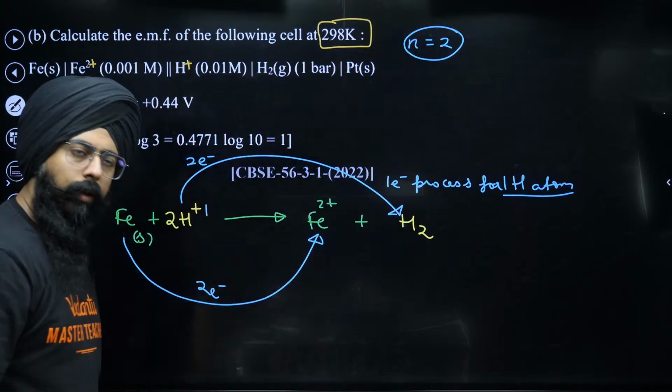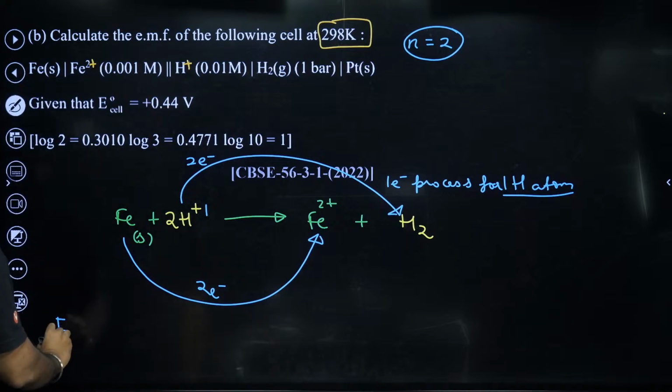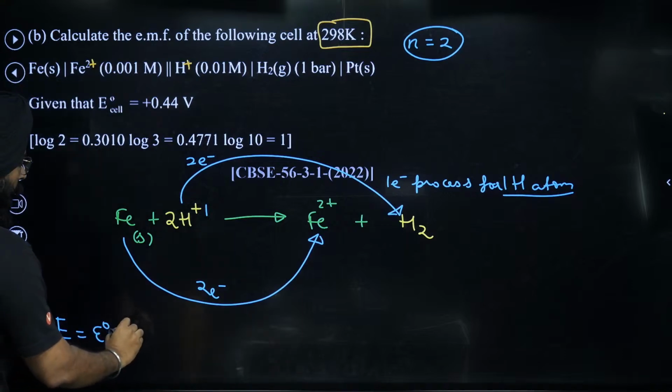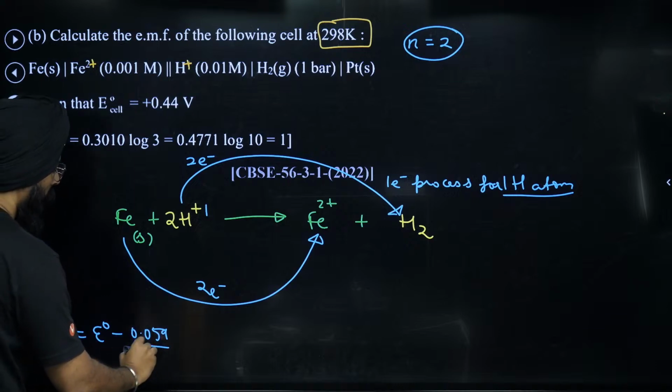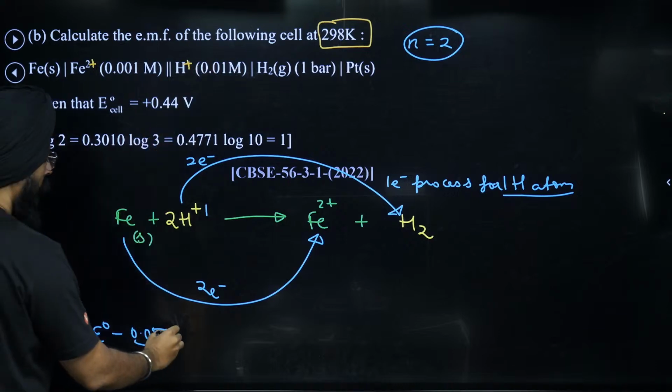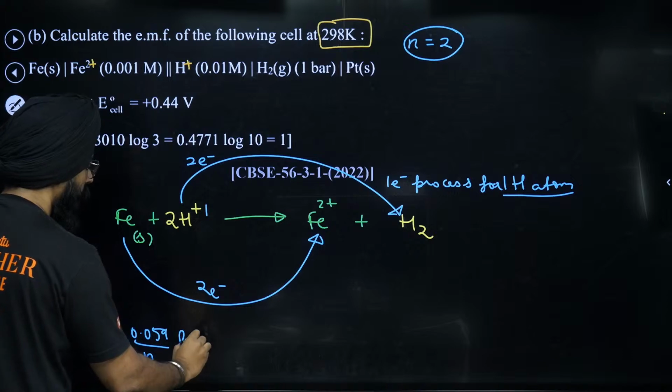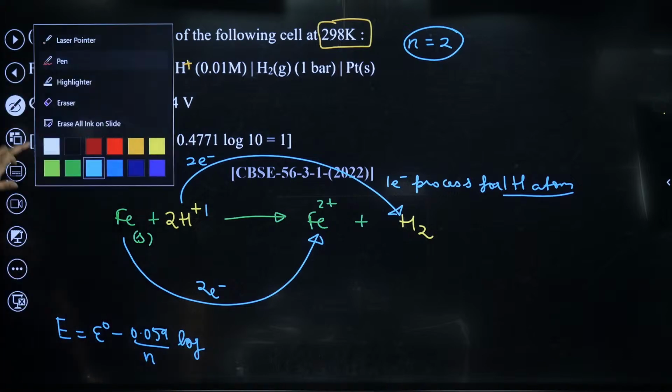How will we write the Nernst equation now? The Nernst equation will be written as E0 minus 0.059 by N, which is 2, into log of, what is the reaction quotient?